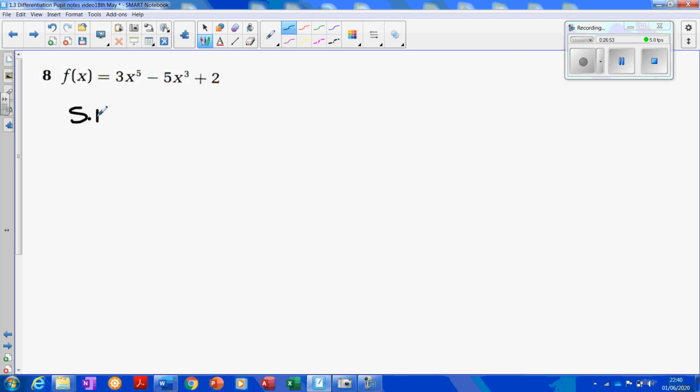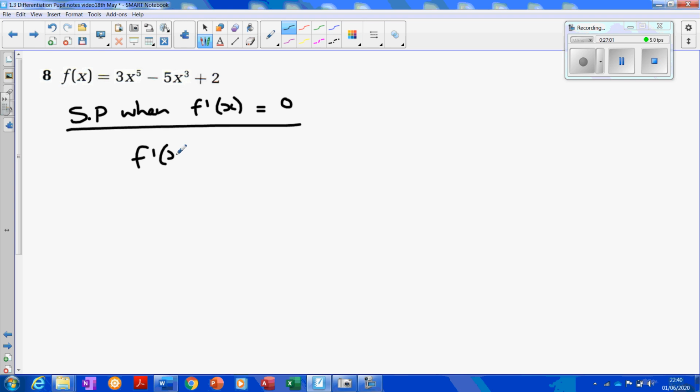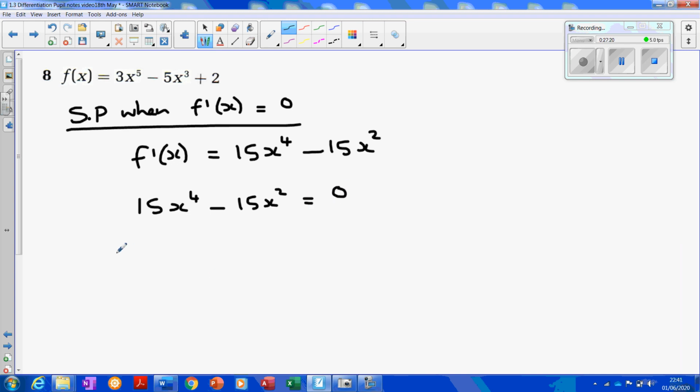So question 8, we start off again, stationary points when f dash x equals 0. Underline it. f dash x is equal to 5 times 3 is 15x to the power of 4, 3 times minus 5 is minus 15x to the power of 2, and that is 0. So therefore 15x to the power of 4 minus 15x to the power of 2 equals 0.